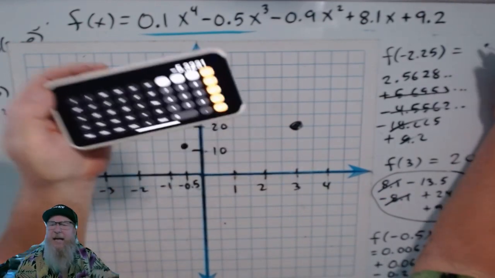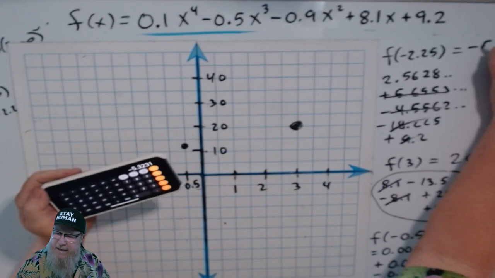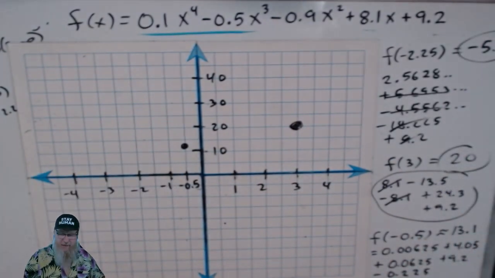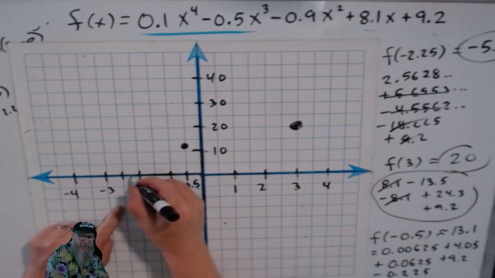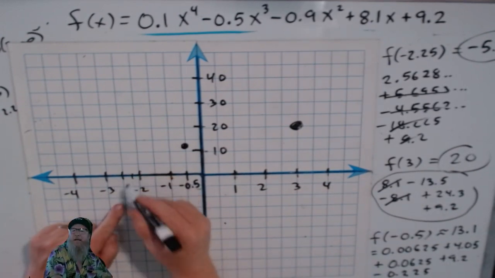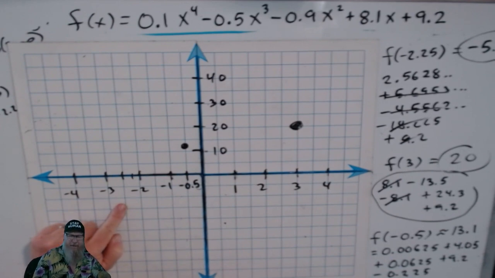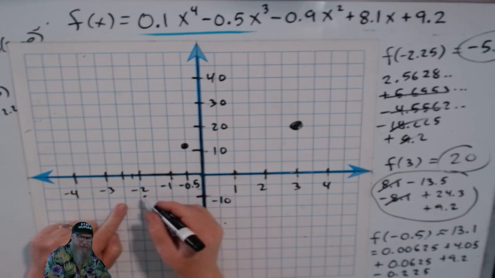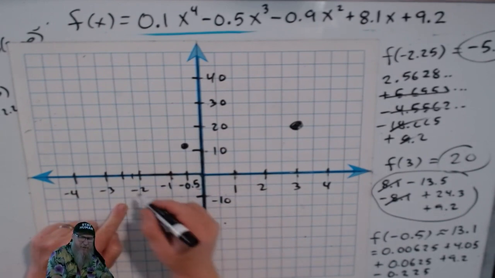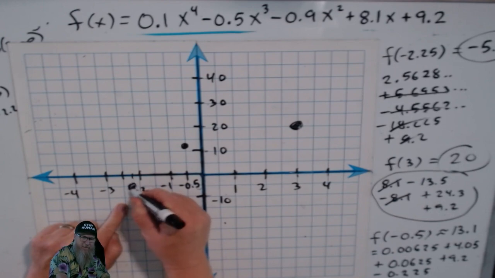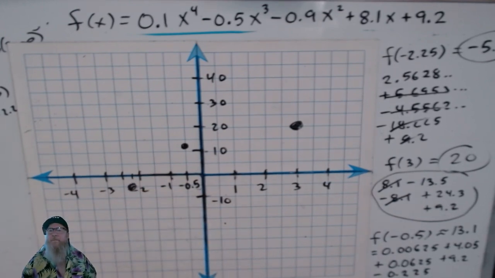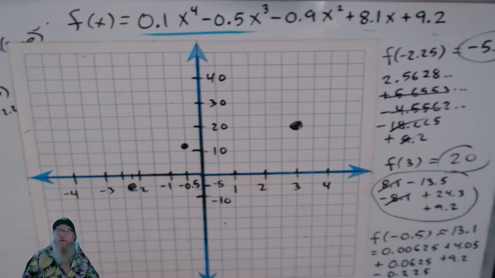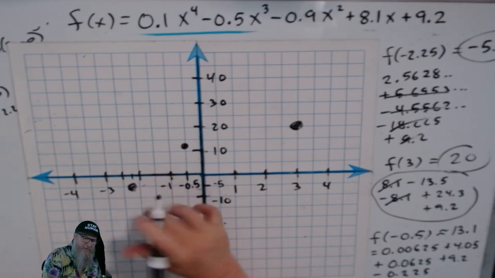And I get negative 5.3. All right, so we're over here at 2.25, which is just a little bit past negative 2. We're going negative 10, I guess. So it's going to be right about there. All right, because this is negative 10, so this is negative 5. Close enough. All right, and this is negative 2.